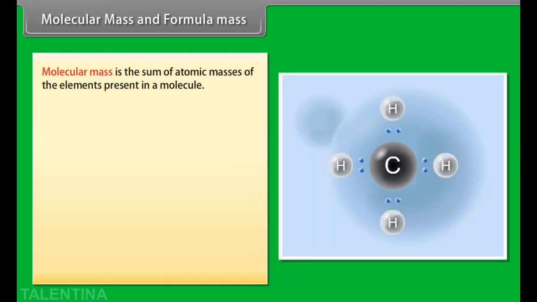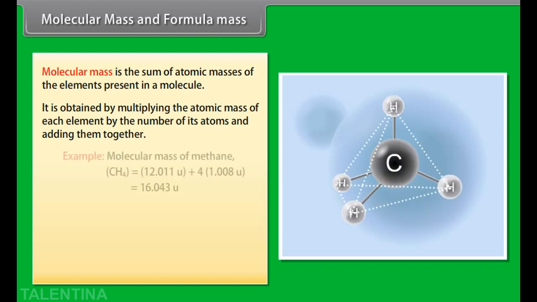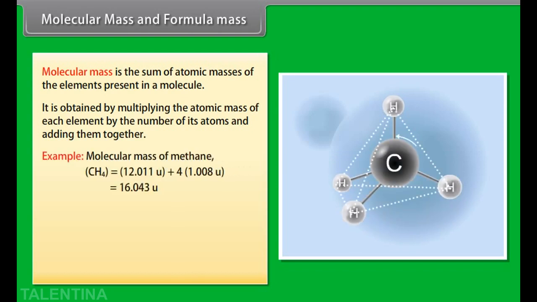Molecular mass is the sum of atomic masses of the elements present in a molecule. It is obtained by multiplying the atomic mass of each element by the number of its atoms and adding them together. Example: molecular mass of methane, CH4, is equal to 12.011 u plus 4 × 1.008 u, which is equal to 16.043 u.